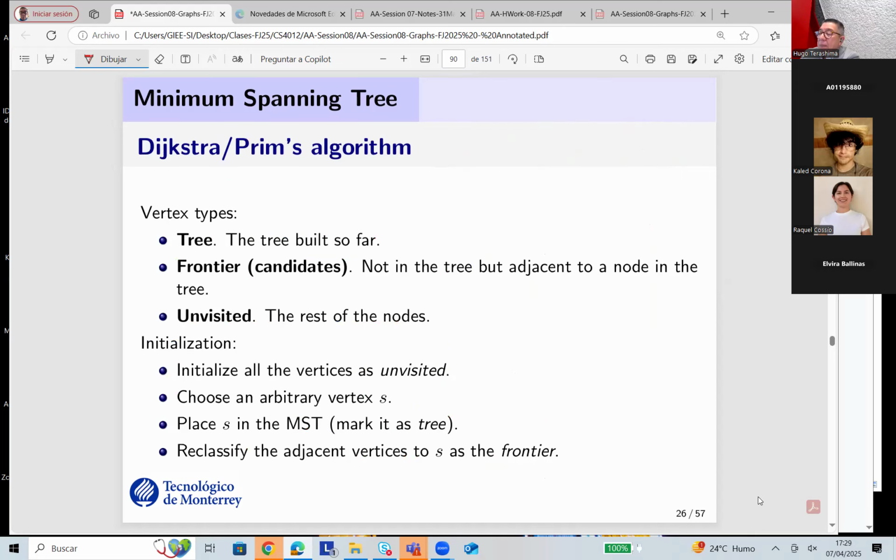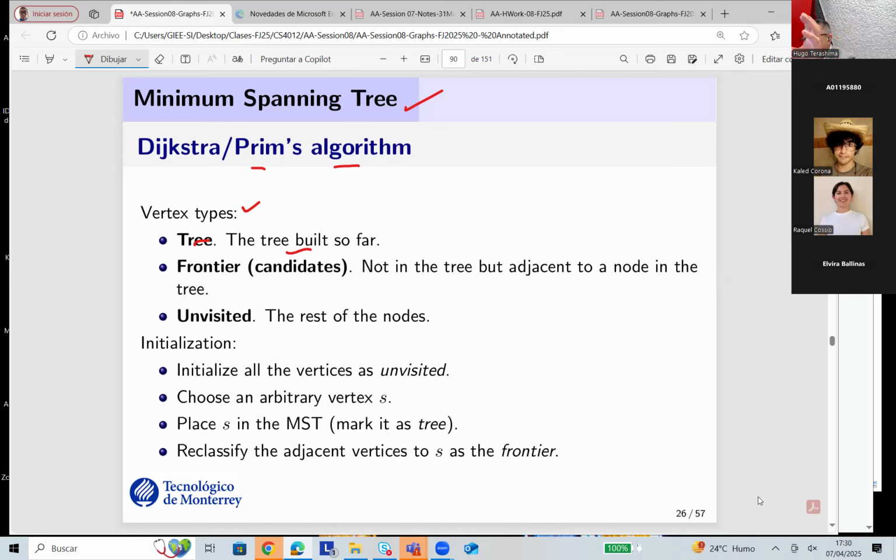So the Dijkstra-like algorithm, Prim's, also for this minimum spanning tree, works in the following way. You have different vertex types. Tree is the tree built so far. We are going to construct the tree gradually again.